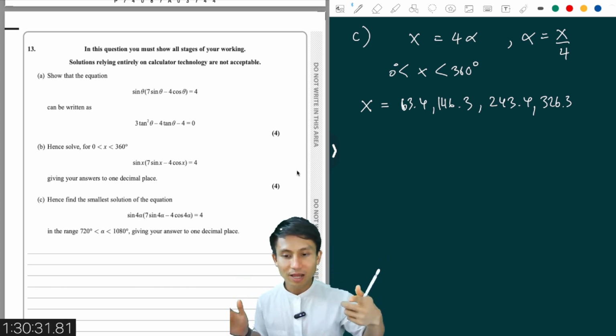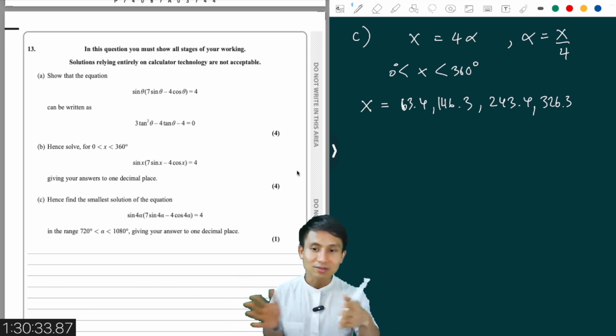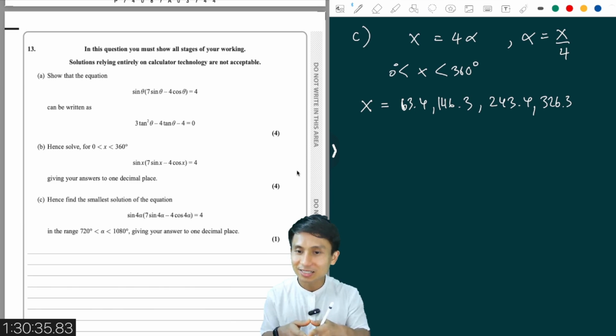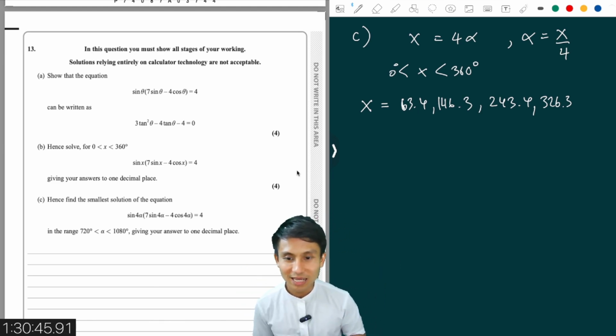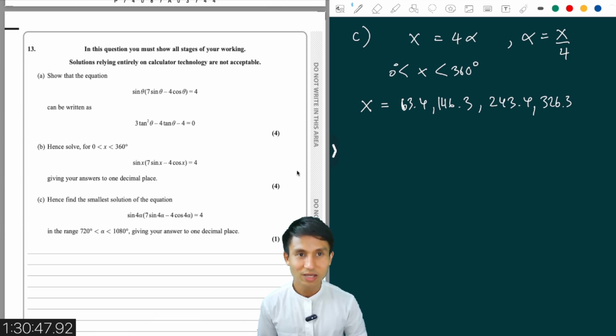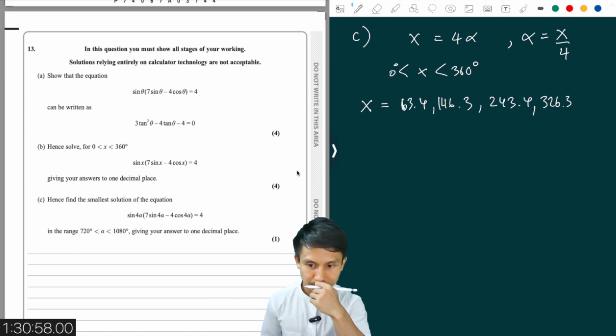It's like instead of putting an x into the function there, you're putting a 4x instead. That means you are shrinking it down by 4 times. That means all the answers would be shrunk by 4 times. Yeah, that's why we have x over 4. But then, okay.